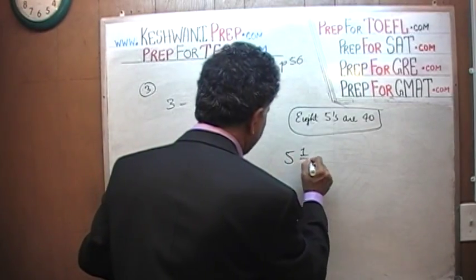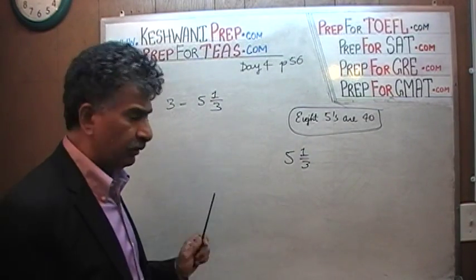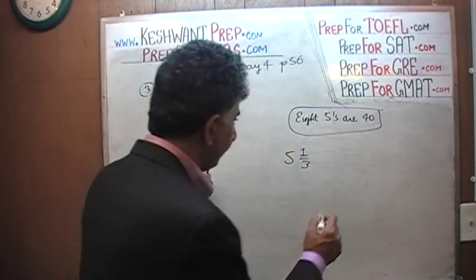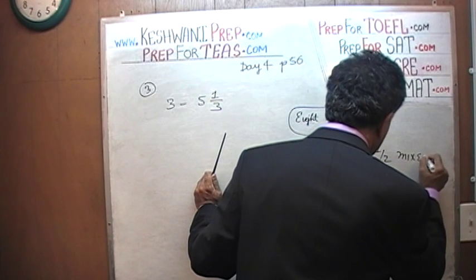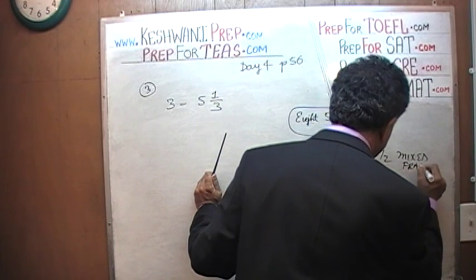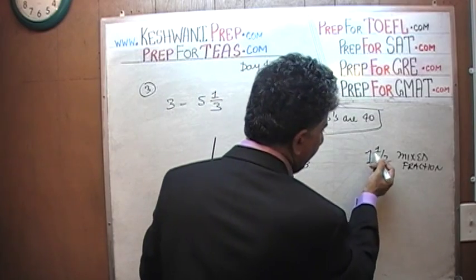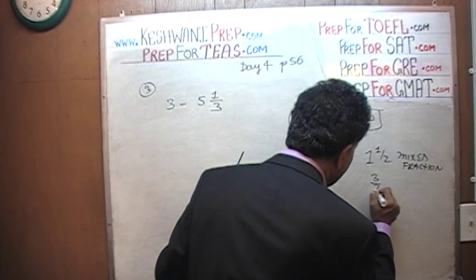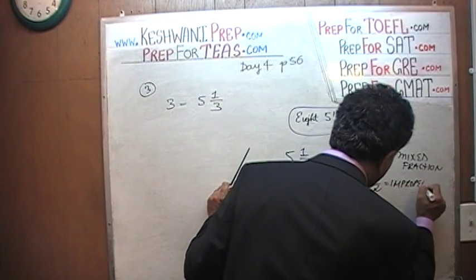5 and 1/3. In case you are not familiar with the terminology, let's go through it quickly. This is called a mixed fraction, which of course is the same as 2 times 1 plus 3. 1 and 1/2 is the same as 3 halves, and this is called an improper fraction.